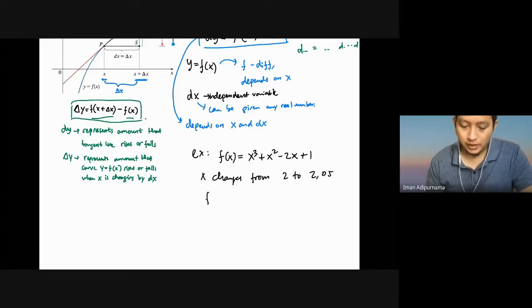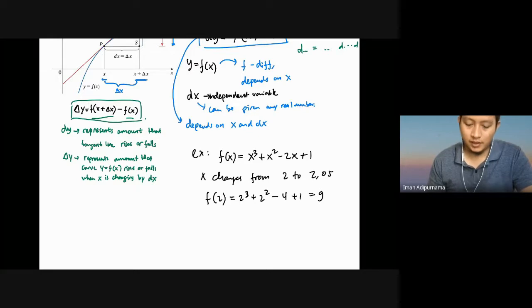If we take f of 2, this will be 8 plus 4, 12, minus 4, 8, plus 1, so it's 9. And if you would like to check 2.05, you can use the calculator, but let me just give you the answer: 9.717625.